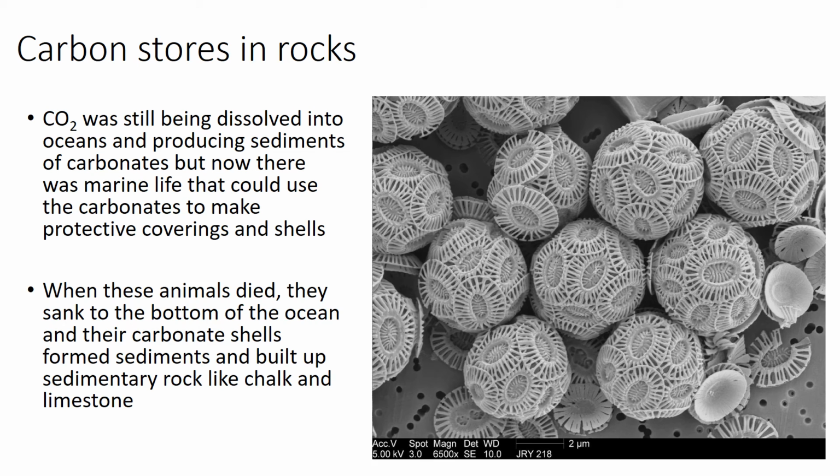And so that's what a shell is. A shell is just a carbonate. When those animals then died, they would also sink to the bottom of the ocean, and their carbonate shells would also form those sediments and build up in sedimentary rock. And they would form specific rocks like chalk and limestone.